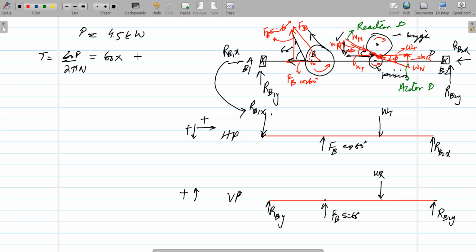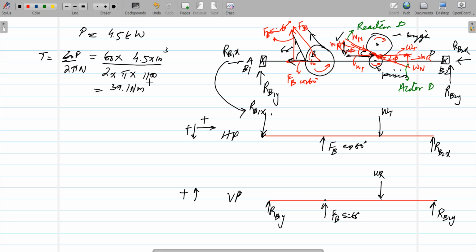60 into the power, 4.5 into 10 to the power 3, divided by 2 into pi, and N, the rotation, is 1100. So the answer is 39.1 Newton meter.